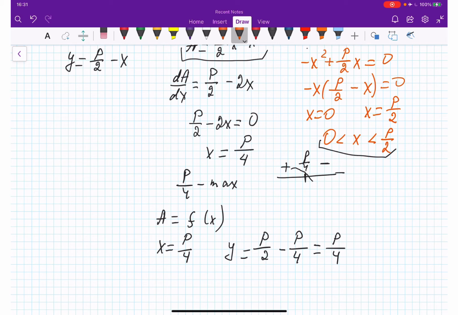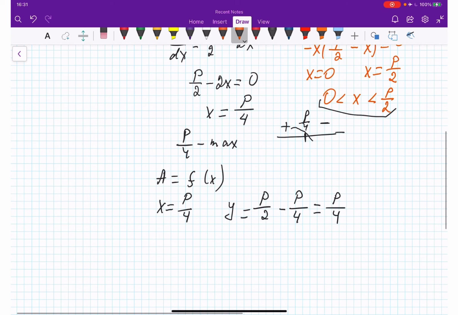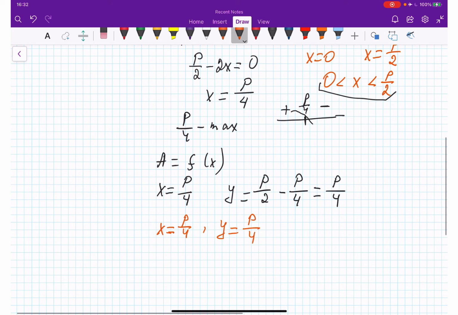And I plug it right here. Y is equal to P over 2 minus x. So that implies that x is equal to P over 4 and y is equal to P over 4, which means we have a square.